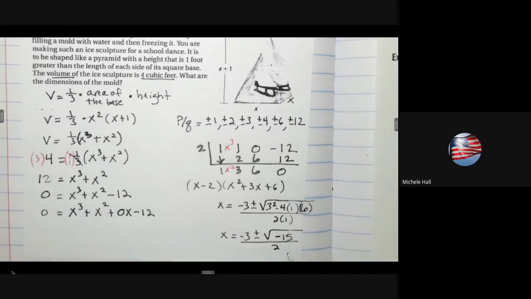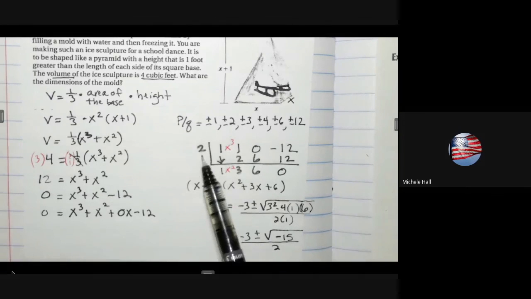We can see here that we have an imaginary number. So we're not going to get any zeros from here. So the only zero that we have is 2. X equals 2.